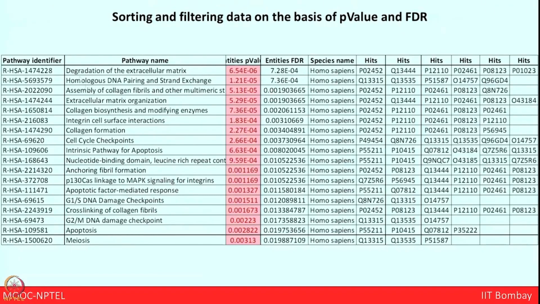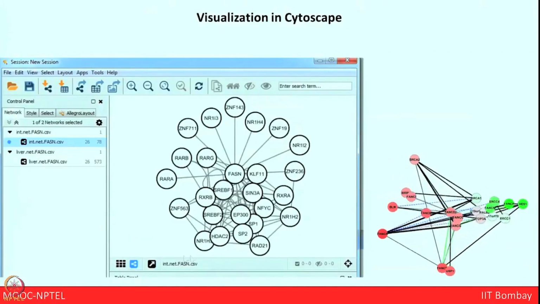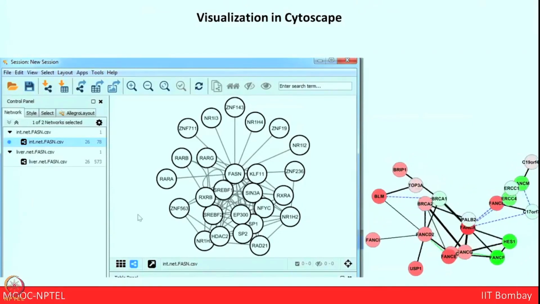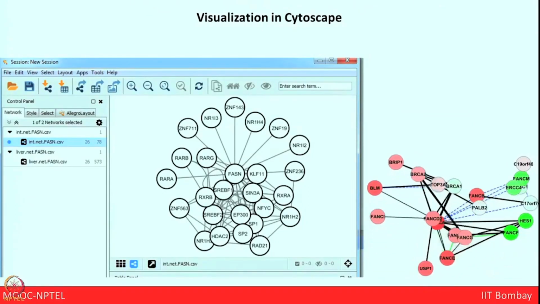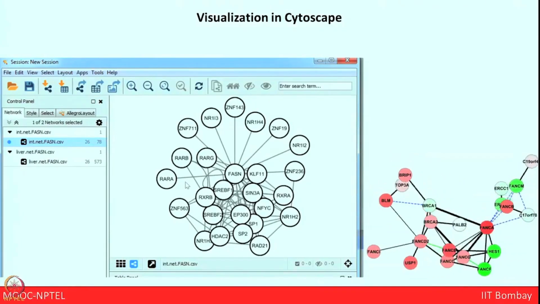So, this data we can put into any kind of protein interaction module, and from there we can take the .cif file or the JSON file and put it directly into Cytoscape and check what visualization comes. As Cytoscape has different kinds of plugins, we can generate different kinds of visualization networks.